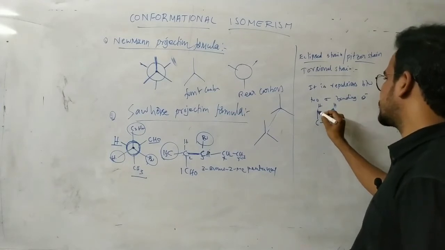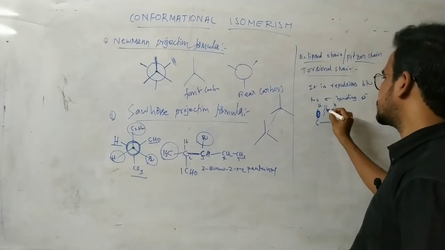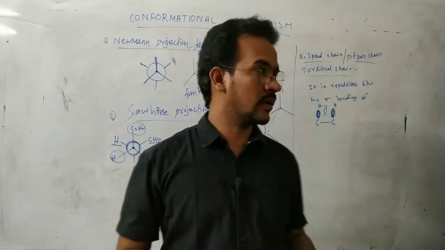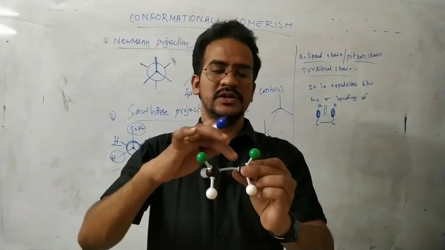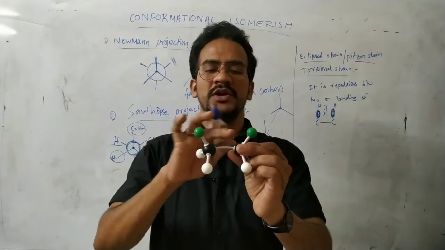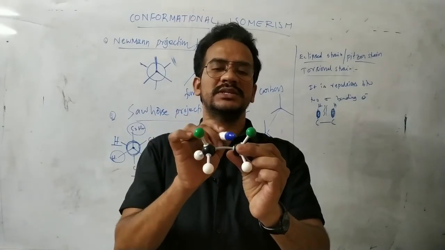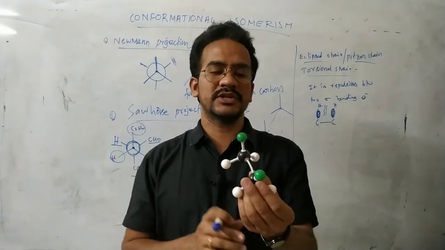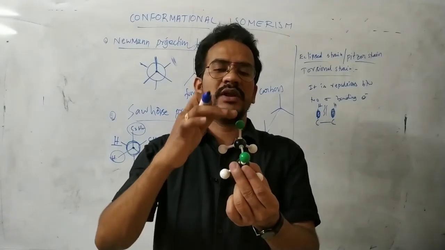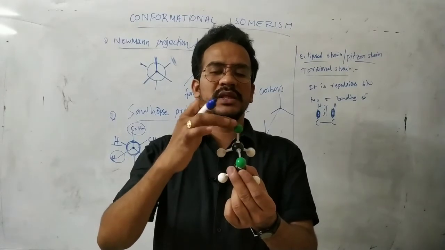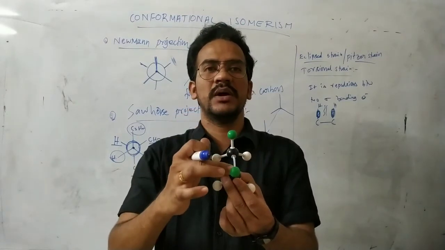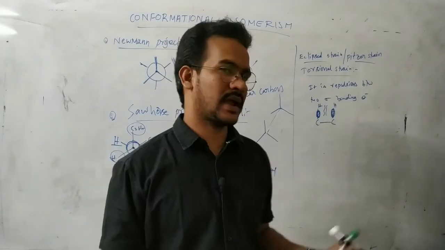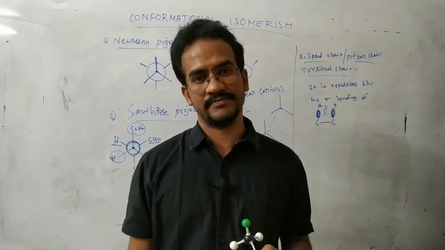Now there is sigma electron density, and the repulsion between these sigma electrons is nothing but Pitzer strain, torsional strain. That means this is a CH bond, this is a CH bond. These two bonds are eclipsed. So this sigma electron density and that sigma electron density repel each other. That's why it is called eclipsed strain. Because whenever two bonds are eclipsed on each other, we can see this type of sigma bonding electron repulsion. That's why it is called eclipsed strain, Pitzer strain, or torsional strain.